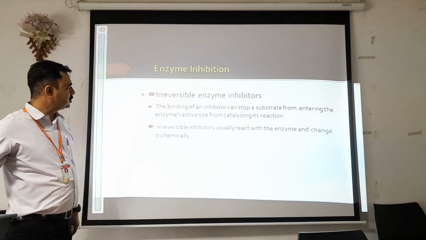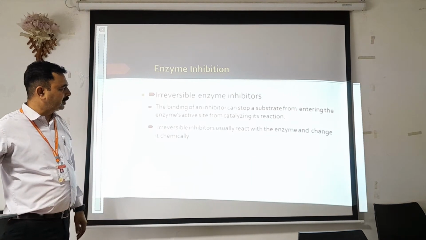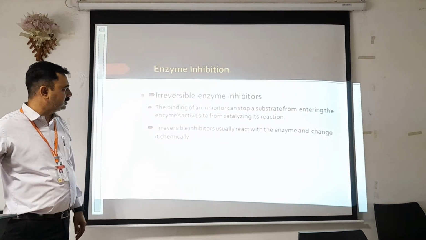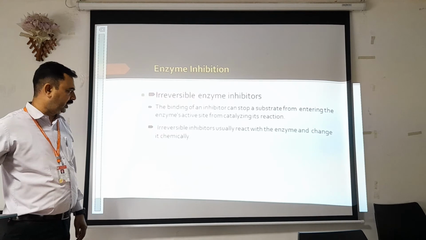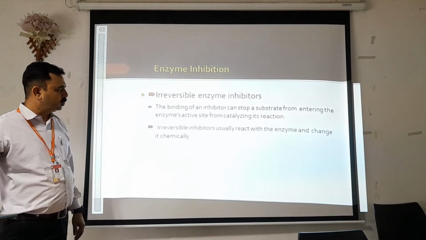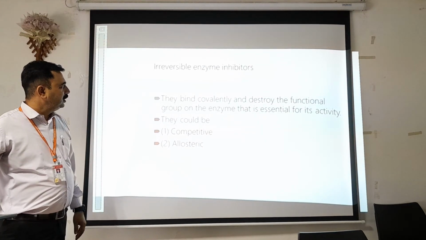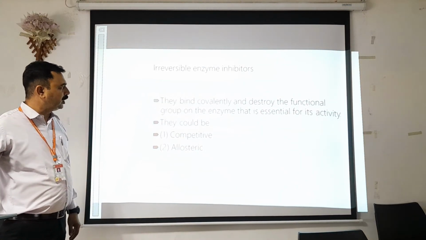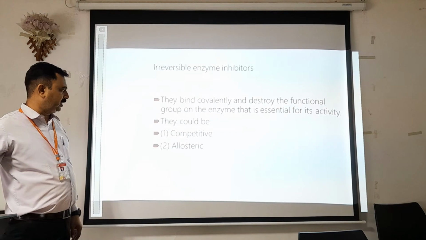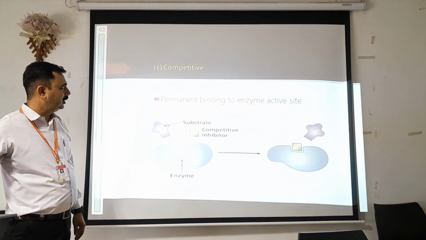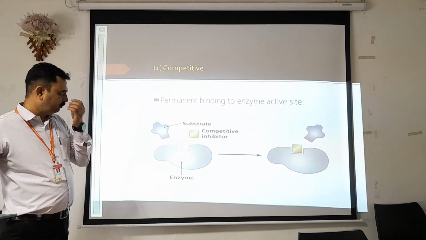Irreversible enzyme inhibitors. The binding of inhibitors can stop a substrate from entering the enzyme active site for catalyzing its reaction. Irreversible inhibitors usually react with the enzymes and change them chemically. They bind covalently and destroy the functional group of the enzyme that is essential for its activity. Competitive and allosteric. आता हे irreversible आहे.